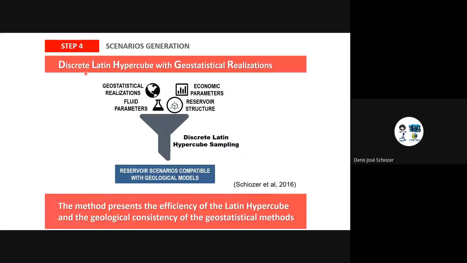We use this method here, but you're going to face in the oil industry several other methods, but this is the one we are going to use in the course, where we mix all together the geostatistical realizations and uncertainties in all other parameters like reservoir structure, economic parameters, relative permeability, and so on. We mix all together in this method that combines images of geostatistical realizations with other parameters using a statistical technique to combine. So that's why it has this name here.